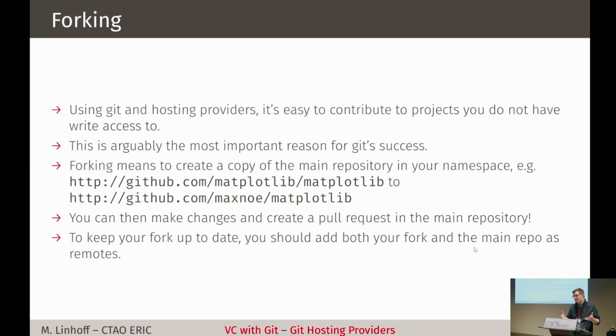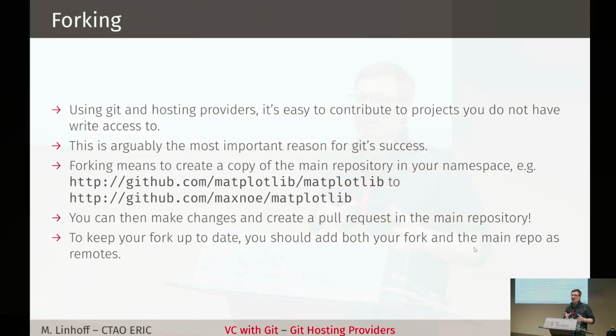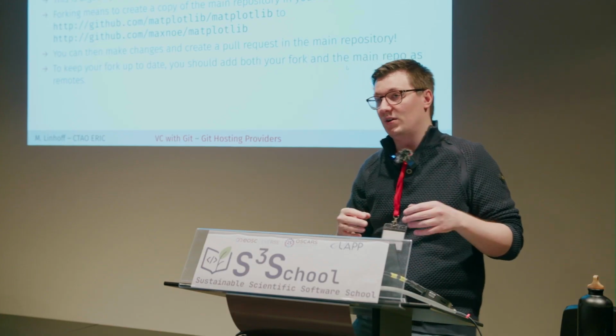And that's good, right? The maintainers don't want any random person to be able to push to their repository. But what really enables this collaboration is that even if you don't have access to the main repository, you can copy it to your namespace where you can do anything you want. And this is called forking.